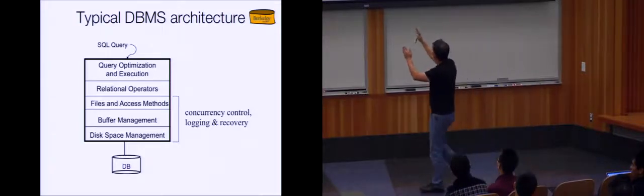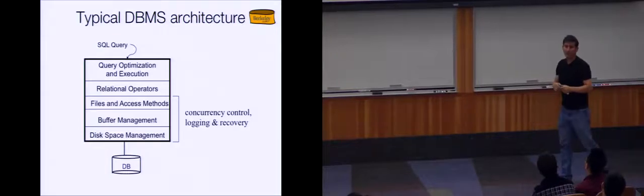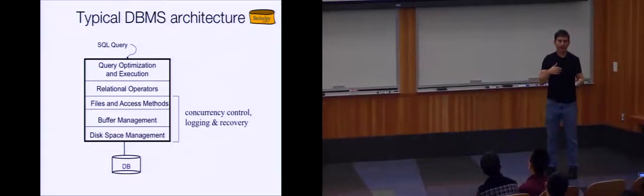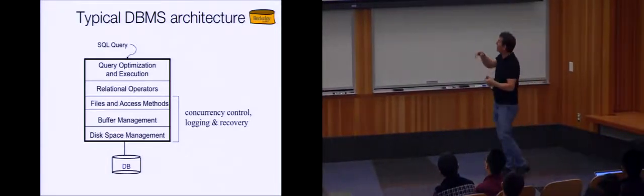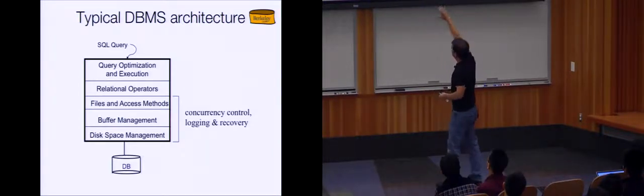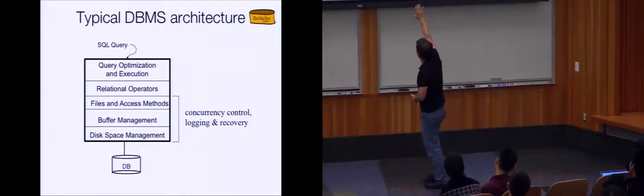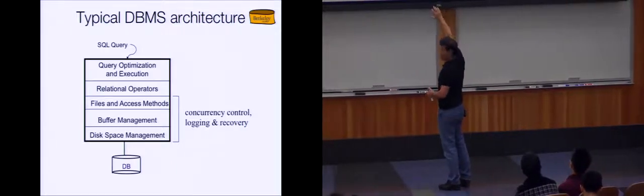So think of this stack as sort of like Hadoop, if you will. Funny enough, NoSQL databases like Cassandra and MongoDB are kind of a horizontal slice from the file and access method layer to the right. So they don't include much of a query language typically, or the relational operators and execution, but they do some concurrency control and recovery, and some of this disk management.